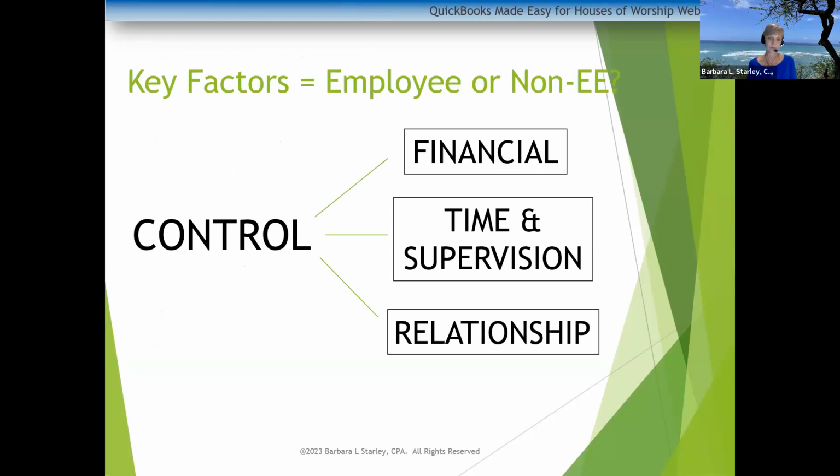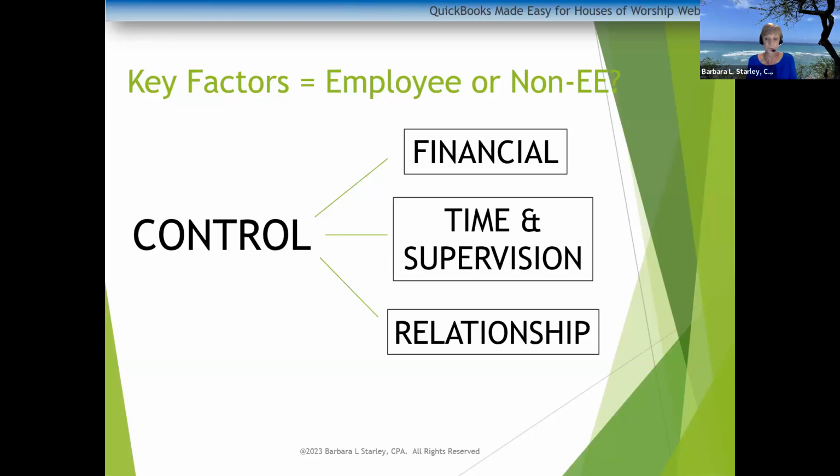In most houses of worship, you have a board, a leadership team. They want to make sure that what the pastor is putting out to the congregation follows along with what your teachings are as your house of worship. So your board actually controls that, even though they're not the ones writing the script, right? Writing the sermons. And then just the relationship.